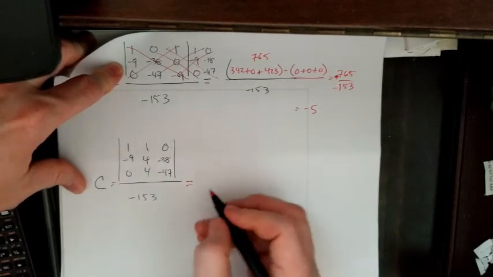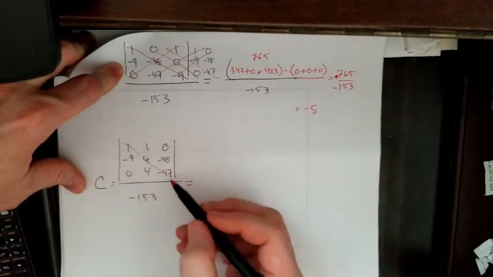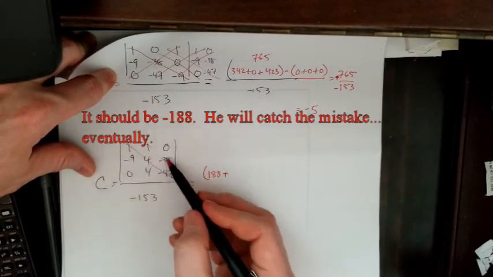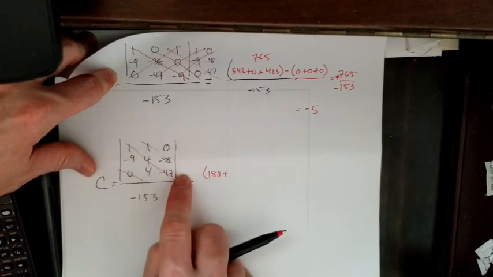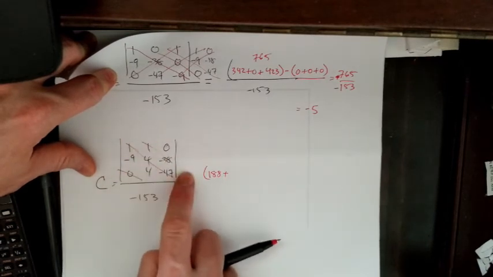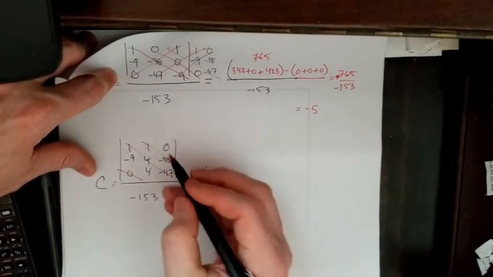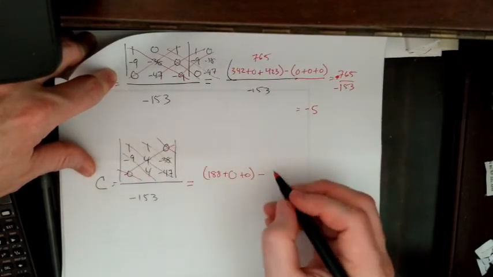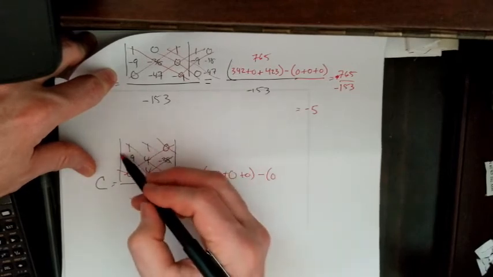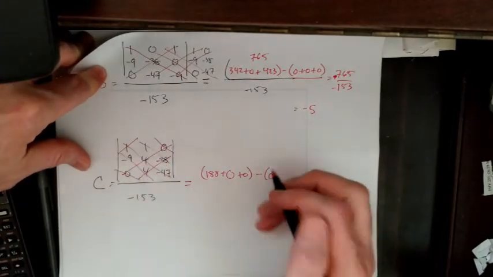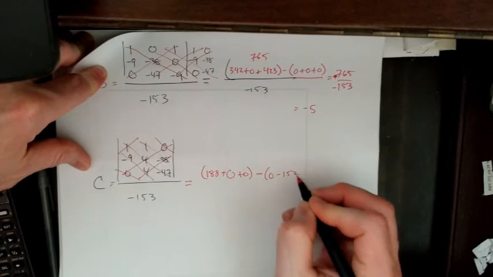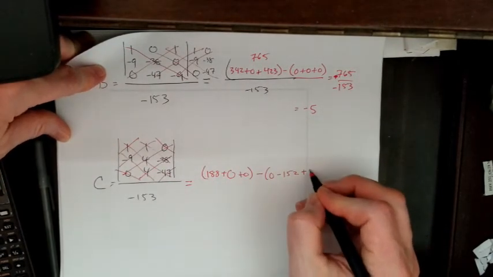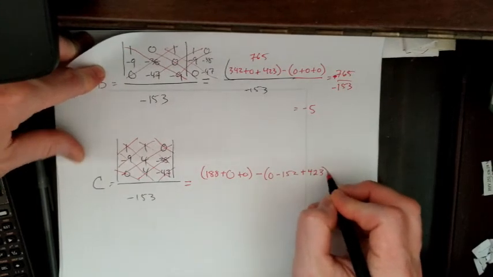And then over here, doing it slightly differently, I'm multiplying this diagonal right here, 188 plus, and then I multiply those three right there, sort of I'm picturing it wrapped around. So I get to here, I go to that corner, 0, and then that plus 0 minus that diagonal, 0, that diagonal, 152, and I got only one negative sign, so minus 152, and then that diagonal, and I have two negatives, so positive 423.